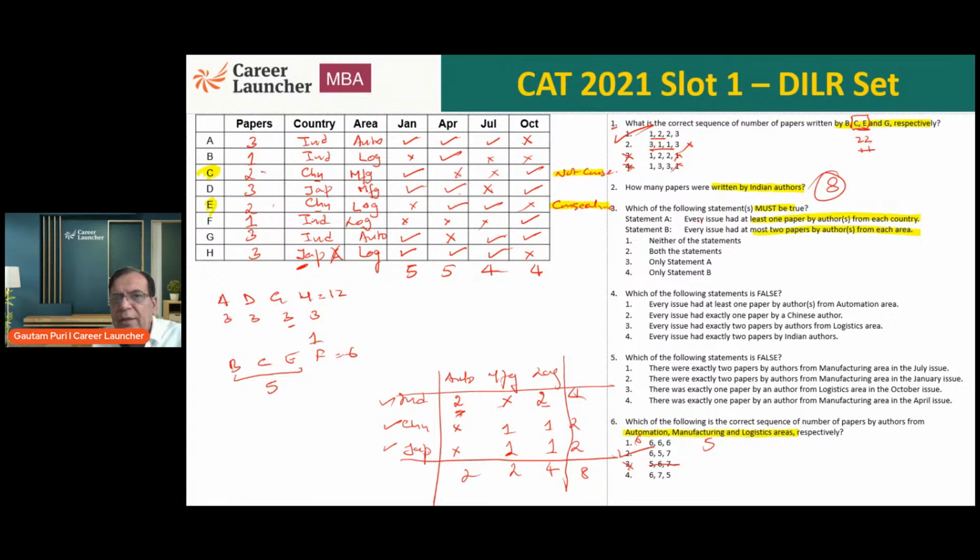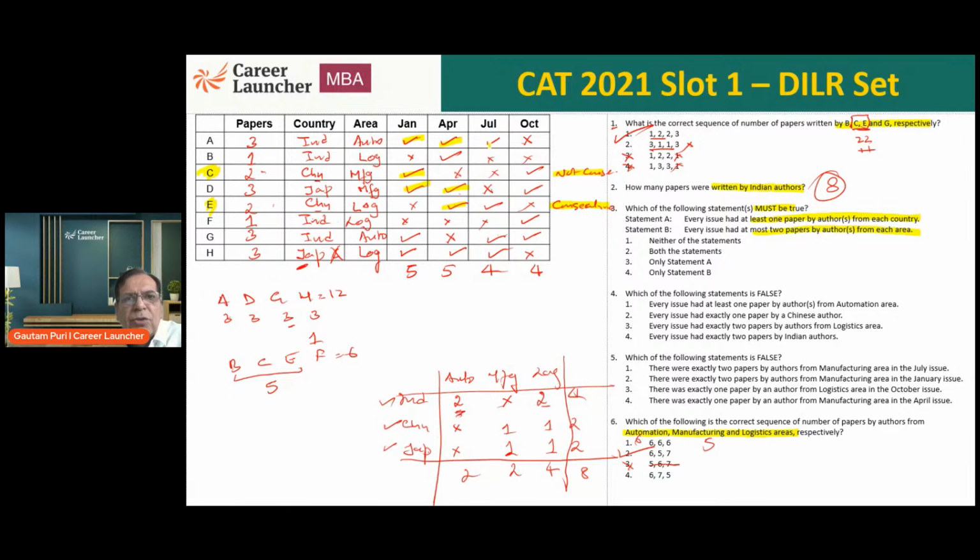Question 3, statement A says every issue had at least one paper by authors of each country. Let's look at this one. Authors from each country. Do we have in January a paper by Indian? Yes. One Indian, one Japanese, one Chinese. Yes. So every issue had at least one paper by authors from each country. So January is correct. February, April, Indian, Japanese, Chinese.